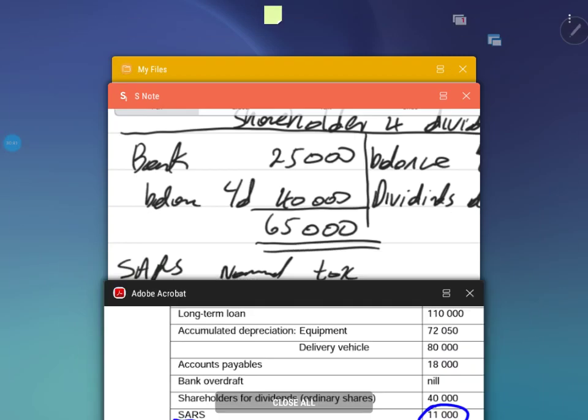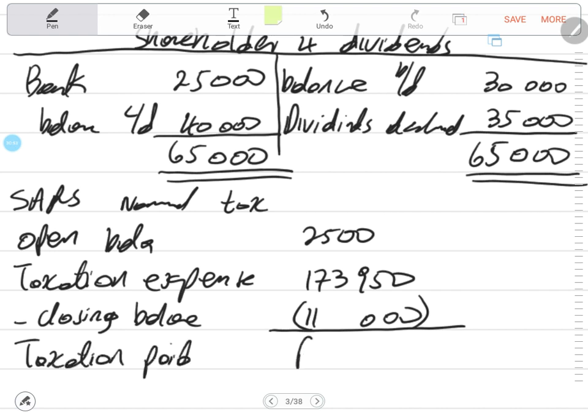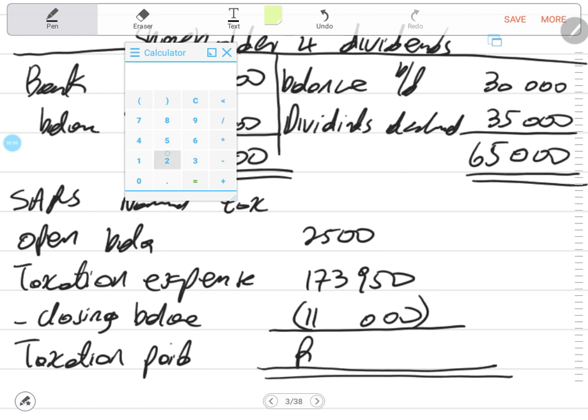Opening balance plus tax for the current year minus closing balance. That will give you tax paid, the taxation that has been paid to SARS. How much did we pay to SARS during the period? 2,500 plus 173,950 minus 11,000.